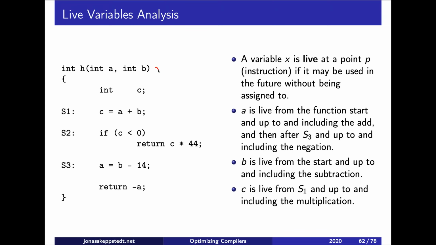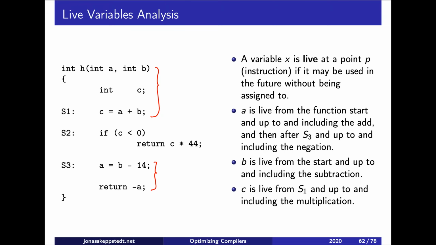The range in which A is live is this part, and then another range is this part. What we should do to do register allocation is to see which variables should absolutely not be assigned to the same register.